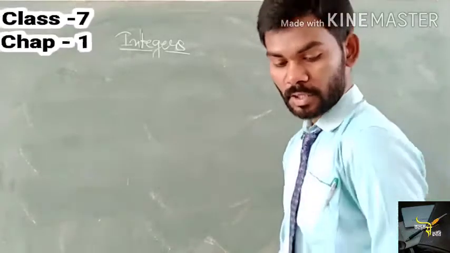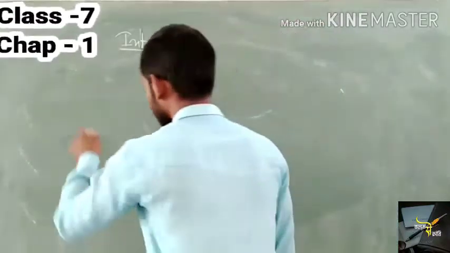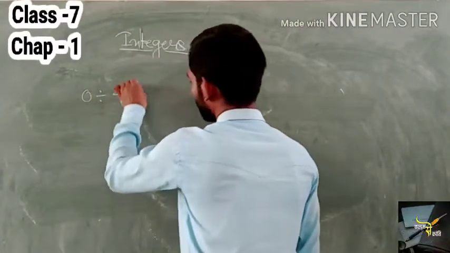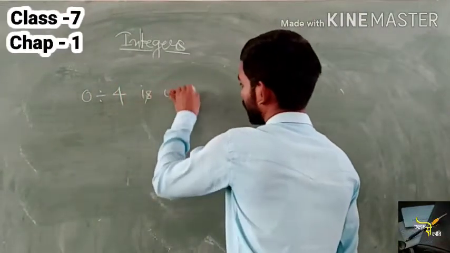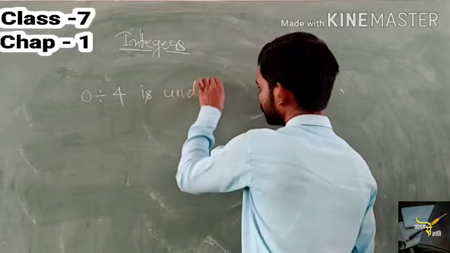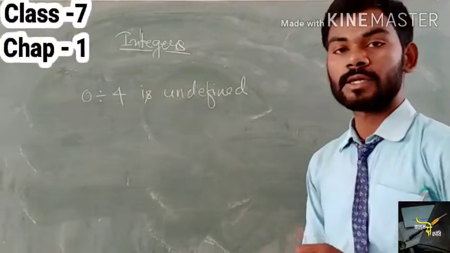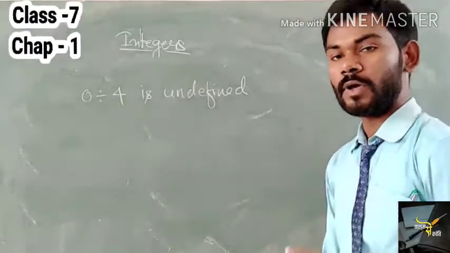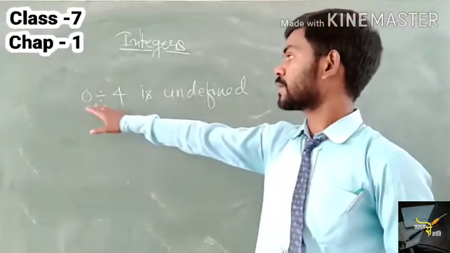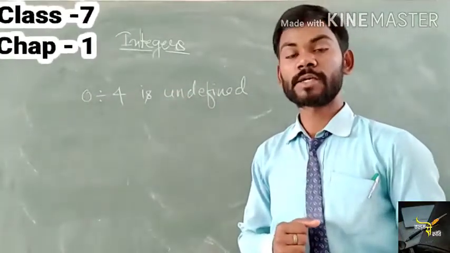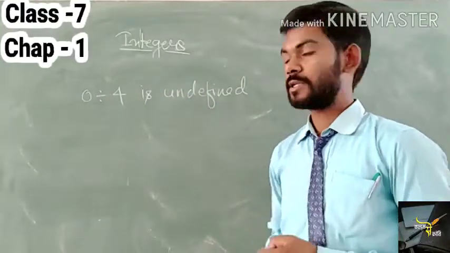So let us see. The first statement is: 0 divided by 4 is undefined. We have to give the answer as true or false. Here the question is, when 0 is divided by 4, then the result will be undefined. Now let us see.